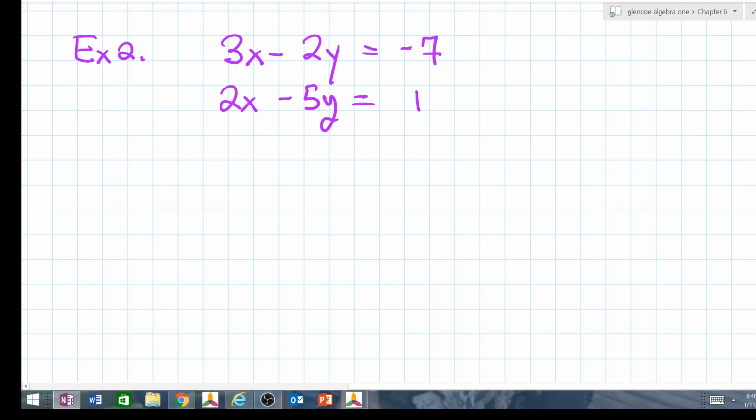Example number 2. 3x minus 2y equals negative 7. 2x minus 5y equals 10. Solve the system of equations.